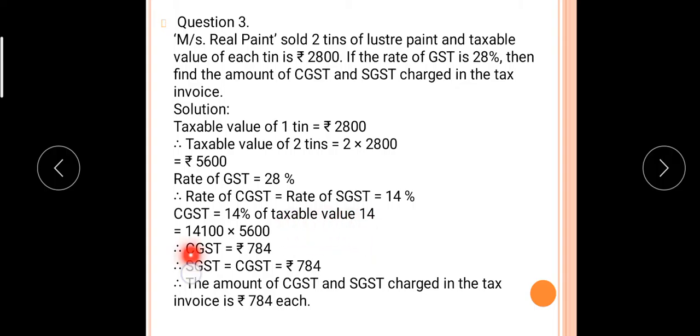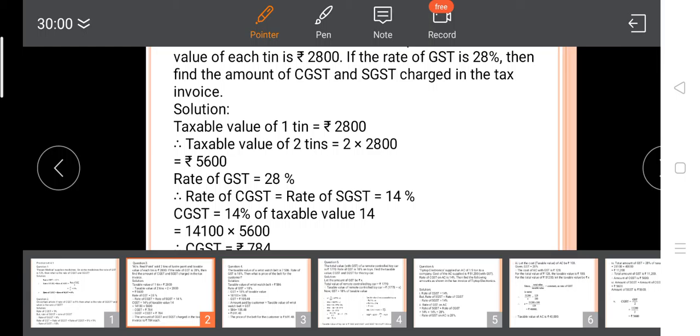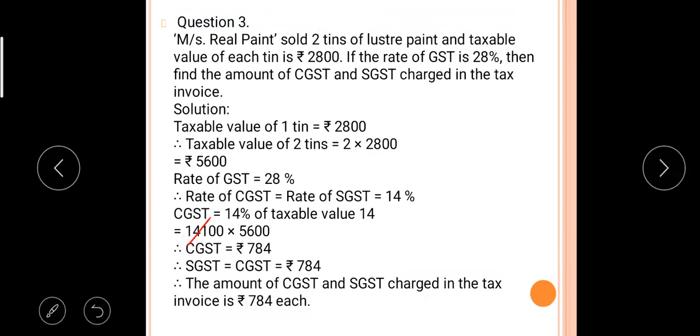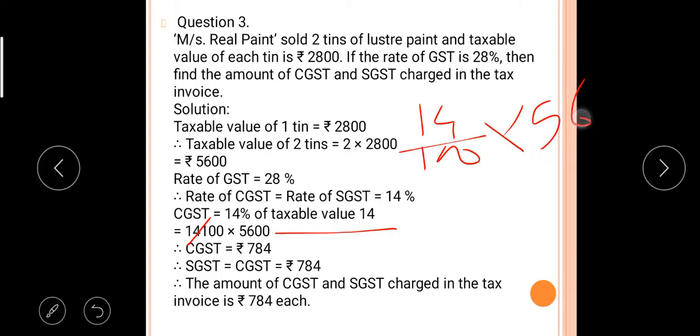Therefore, 14 divided by 100 multiplied by the total taxable amount, that is 5600.